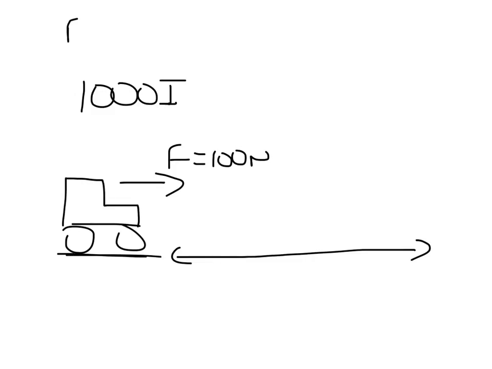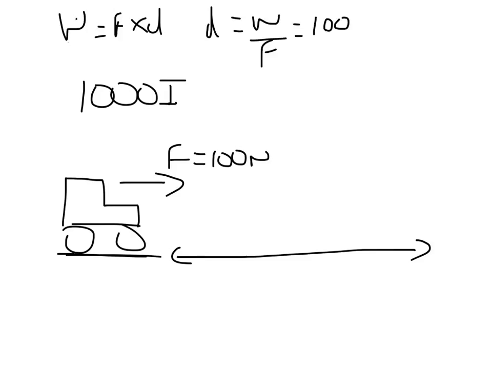Alright, so if you go for force, sorry, my mistake, let's take it back a second. Work is force times distance. Rearranging this, distance is work over force, so it's 1,000 over 100, which is 10 meters. So that car will move 10 meters.